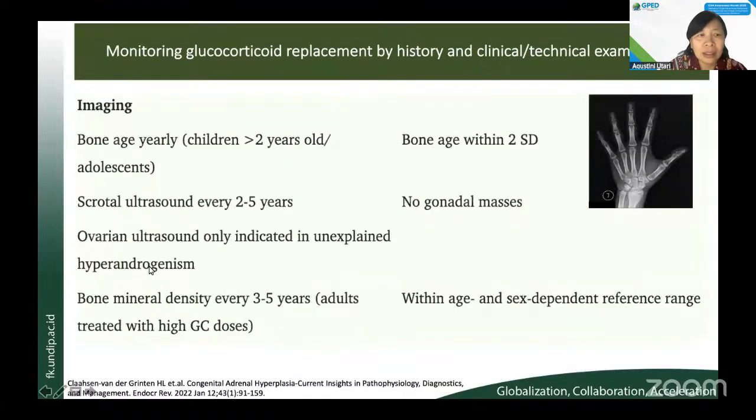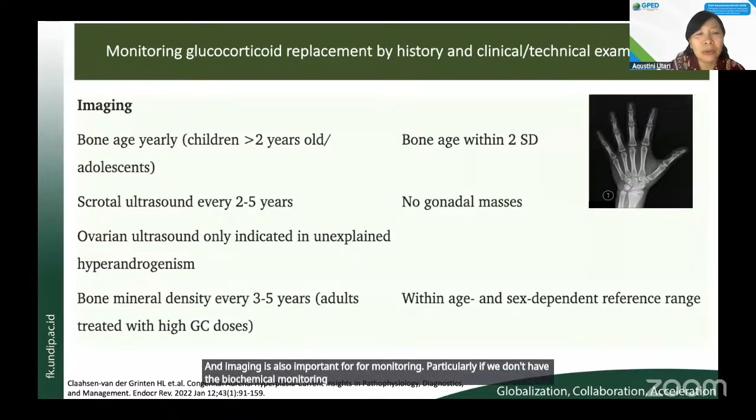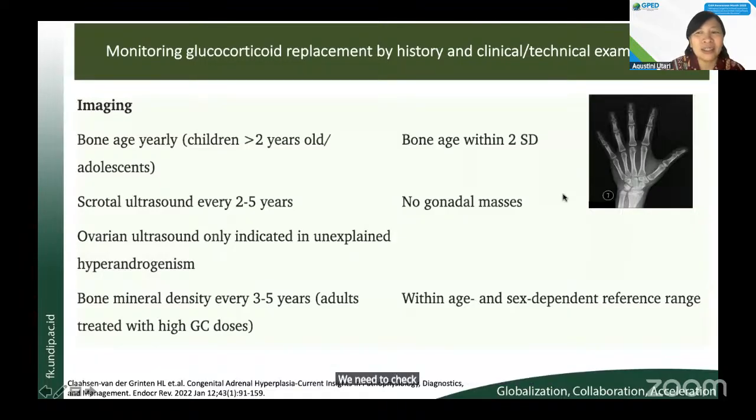And imaging is also important for monitoring, particularly if we don't have biochemical monitoring. So bone age is very helpful. If there is an advanced bone age, probably we need to check the compliance and the dose of the medication. There is also a suggestion about scrotal ultrasound every 2 to 5 years.